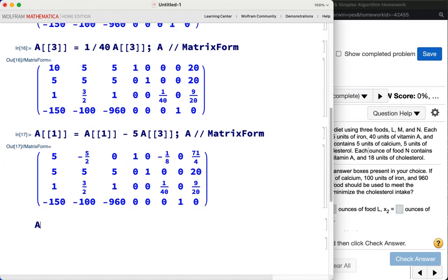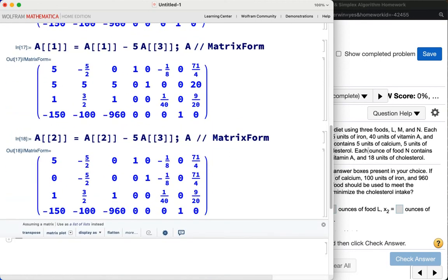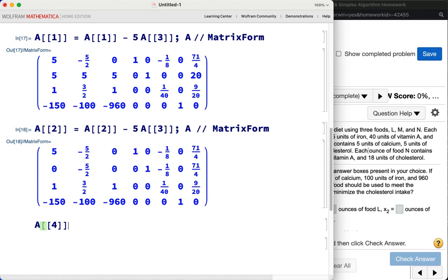And then the second row, we're going to change it in the same fashion as the first row. And then finally, we have to manipulate the fourth row. So the fourth row is equal to the fourth row plus 960 times the third row.